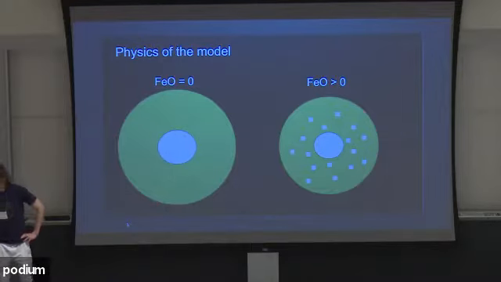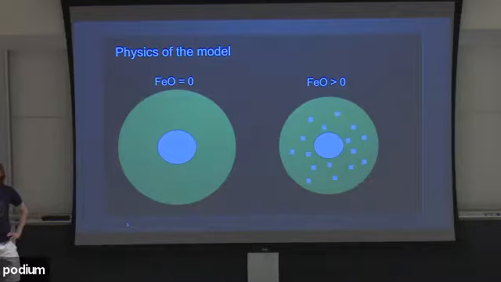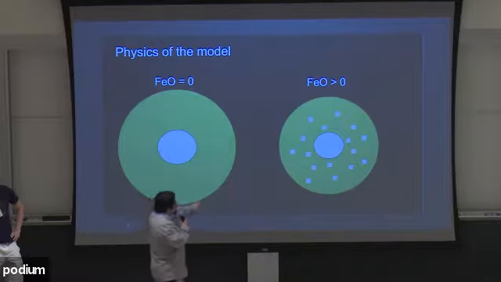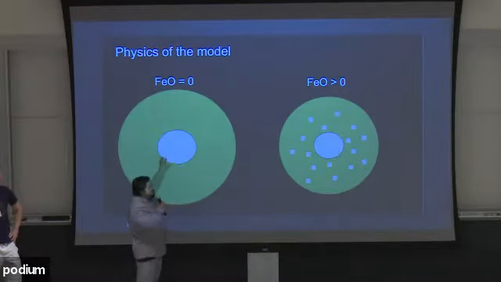As a result of the data, we found the next physical effect. When we added iron into the mantle, directly the nucleus radius increased.